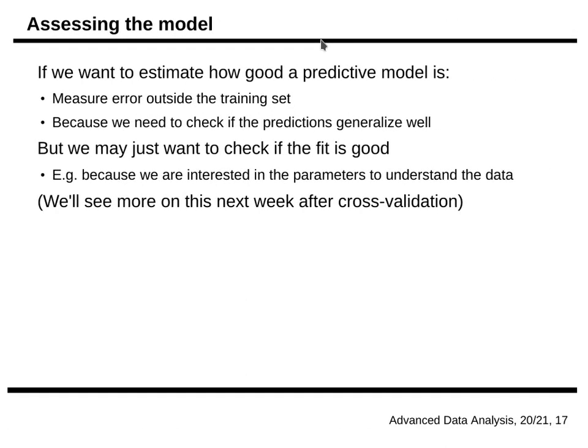So if we want to estimate how good a predictive model is, which is what we've been trying to do in the last sessions when we were looking at validation error and test error, we want to look outside the training set to see how well our predictions generalize outside the data we use to fit the model.